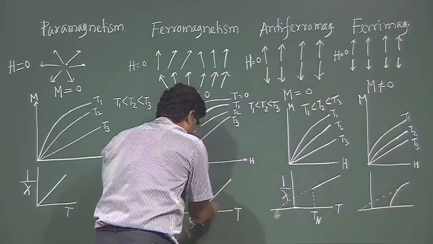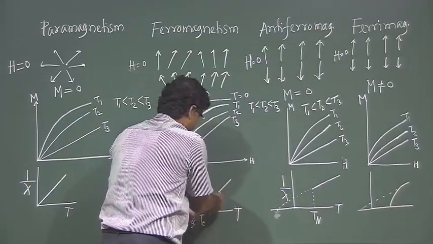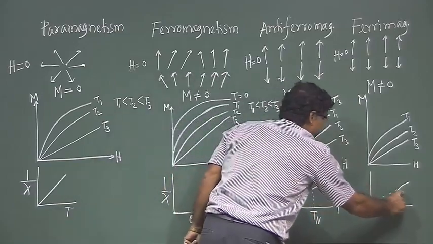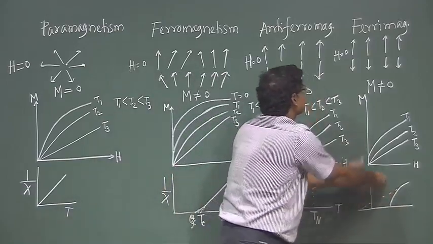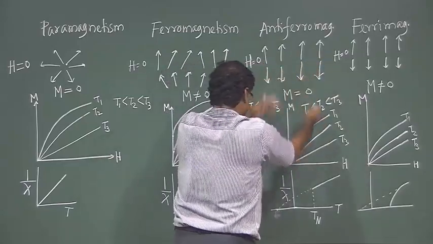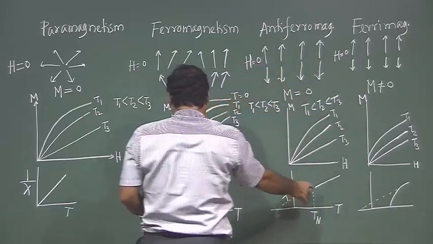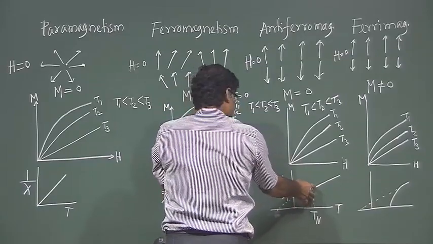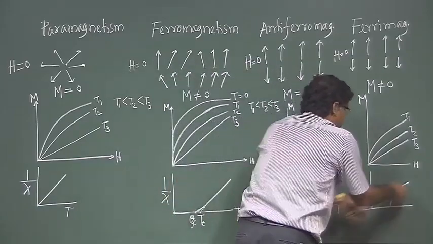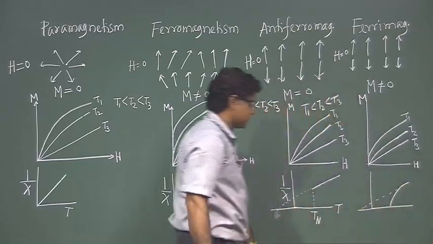As well as this part, it behaves like this. So, this is telling us it has some ferromagnetic part also. Okay. So, this is the combination of ferromagnetic and antiferromagnetic. So, if you combine these two, the presence of both is clearly seen here. Okay.